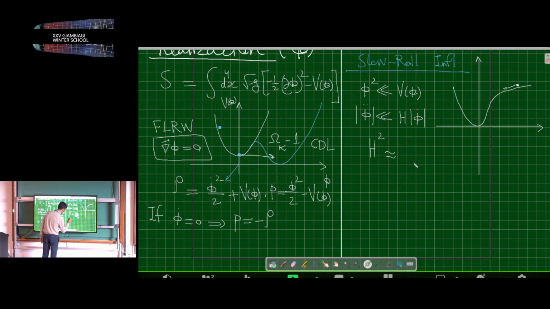And then in the equation of motion for the field, I have phi double dot plus 3H phi dot plus V prime of phi equals 0. And in this equation, the first term would be much smaller than the second term.